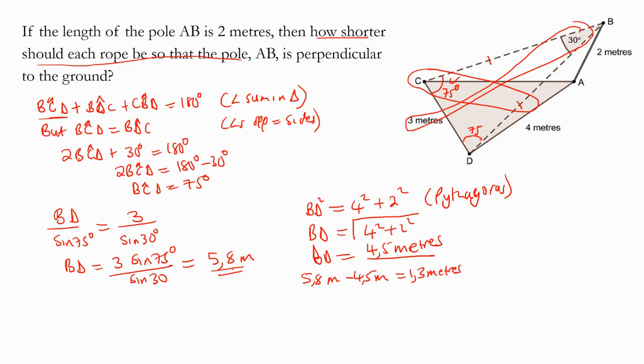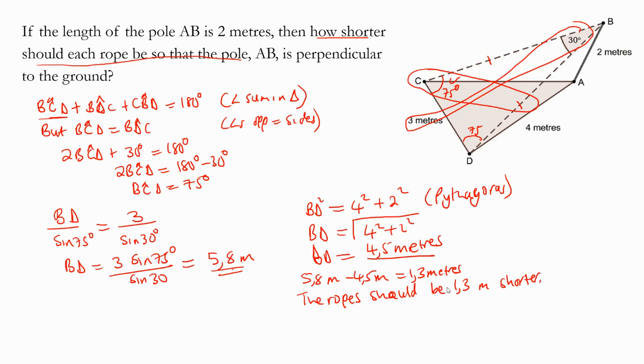So now the ropes should be 1,3 meters shorter. Okay, right, that's what it's supposed to do there.